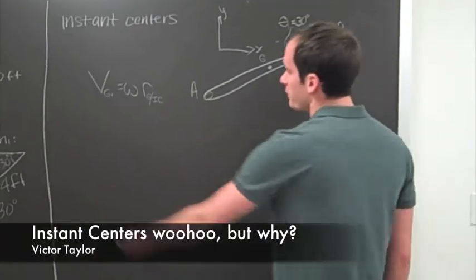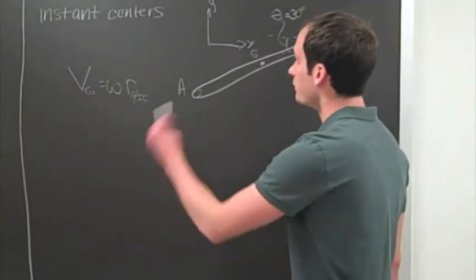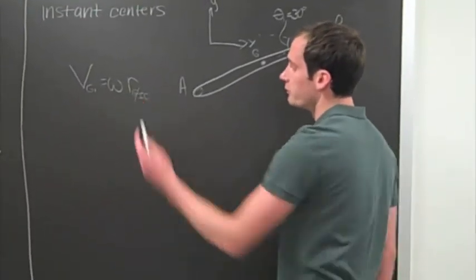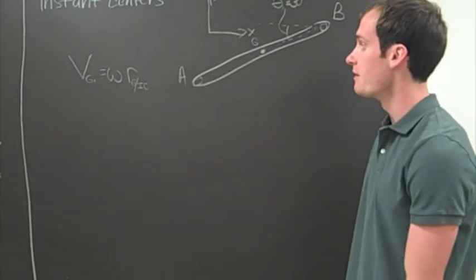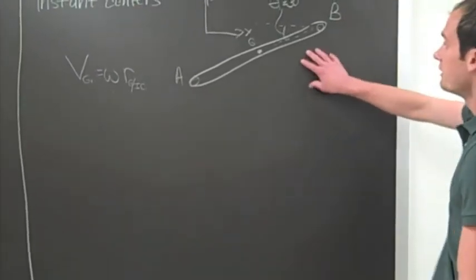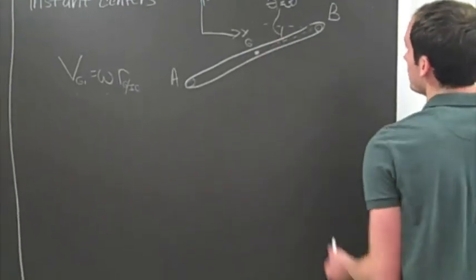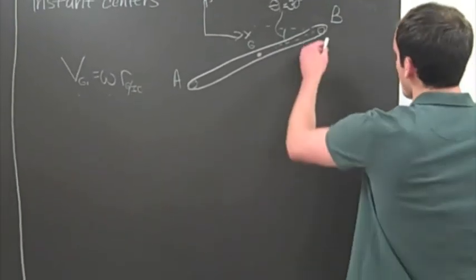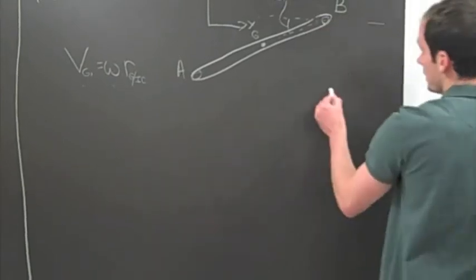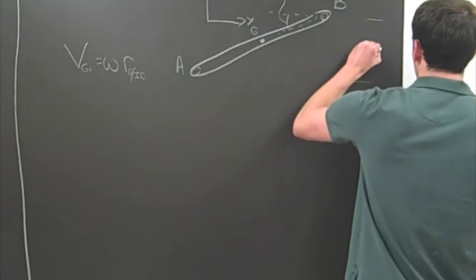Alright, in order to find the velocity of the center of gravity in the second position, we're going to use instant centers, because omega is equal to the velocity over the radius from the center of gravity to the instant center. So in order to do that, we're going to go over here. I've already drawn in the second position, A, G, B, and since it's 30 degrees, and from trig, we know that the distance between here and here, which is to A, is 4 feet.